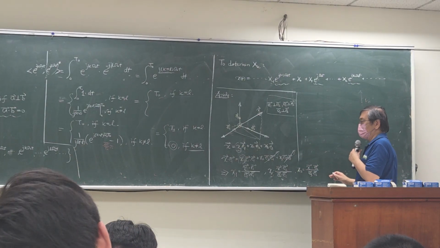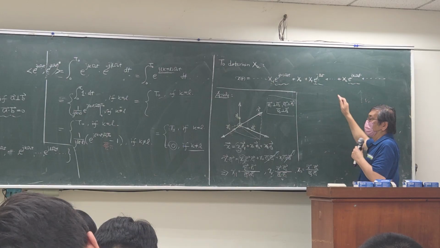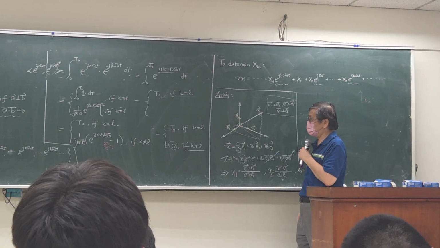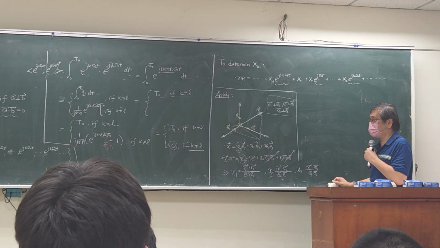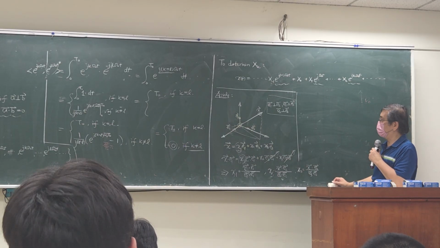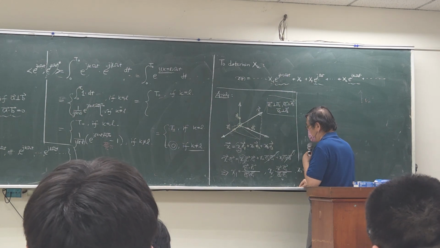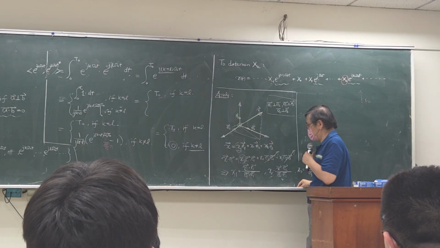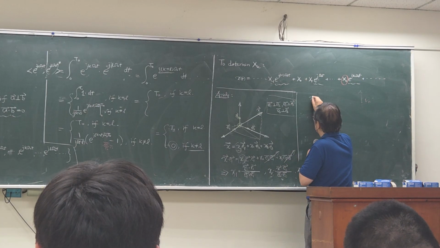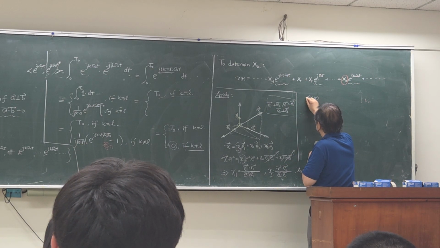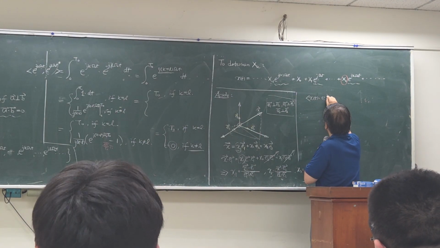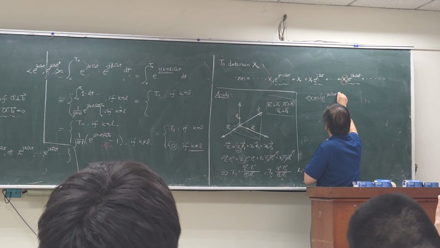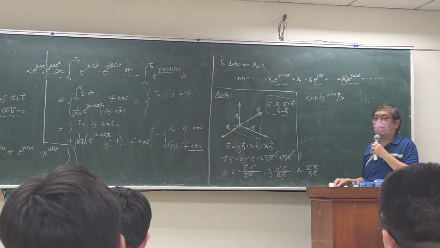So this is the concept we are going to apply to this case. Even though they are functions, we can use the same concept. Now if I want to determine one of the coefficients, say x sub k, then what I can do is take the inner product with e^{jk omega 0 t}, complex conjugate.